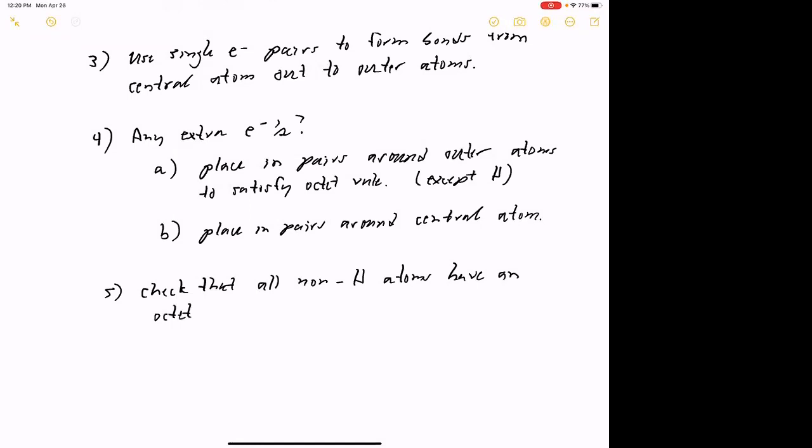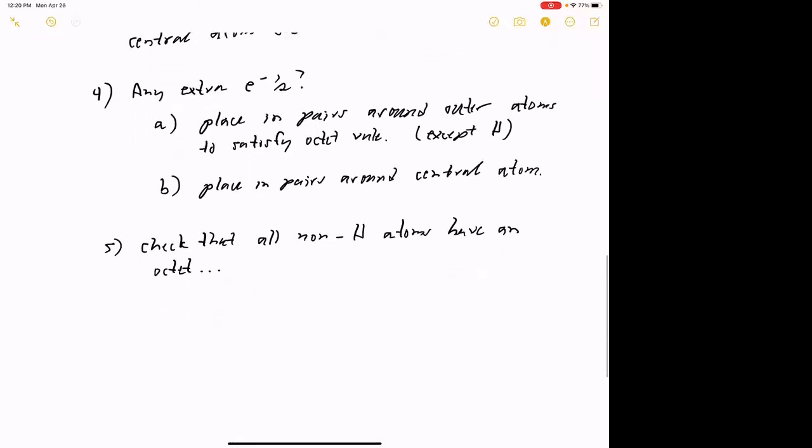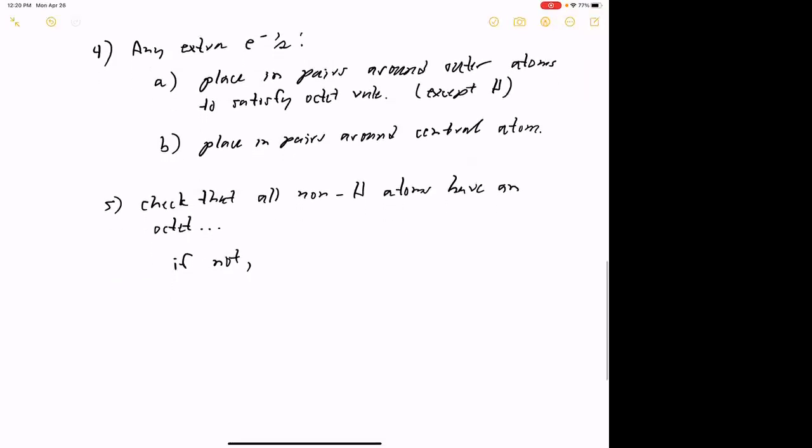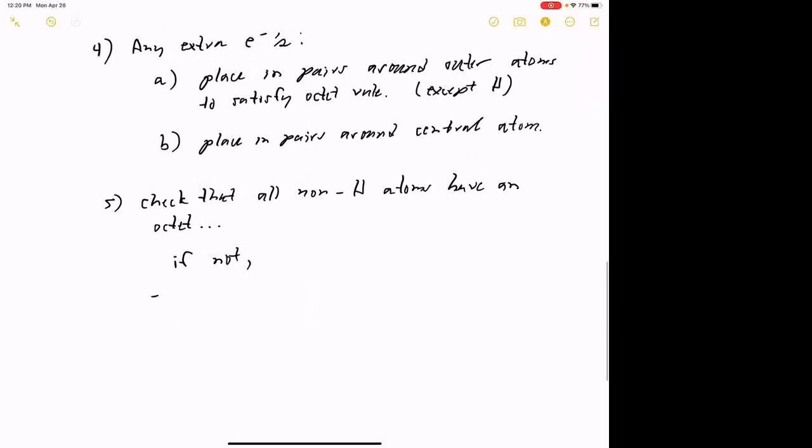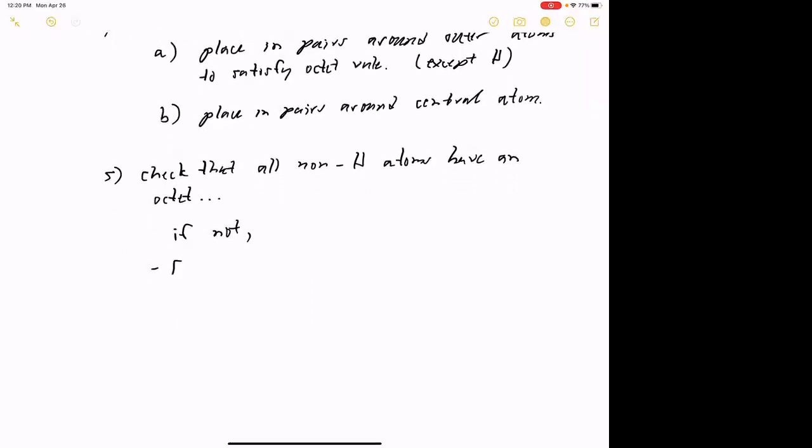Okay, so we're satisfying this thing called the octet rule. If not, then we actually have to provide octets. Now, we've only got a set number of electrons, so how do we do that if we've already used up all of our electrons?